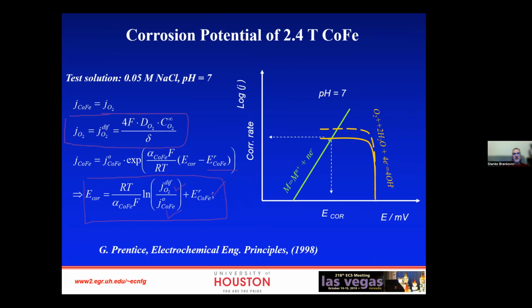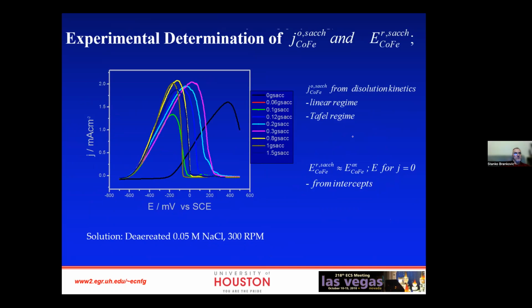And this pretty much tells you where the corrosion potential is a function of these two basically reactions. And the shift in the corrosion potential due to the mixing is basically that you're increasing the diffusion limited current for oxygen reduction.